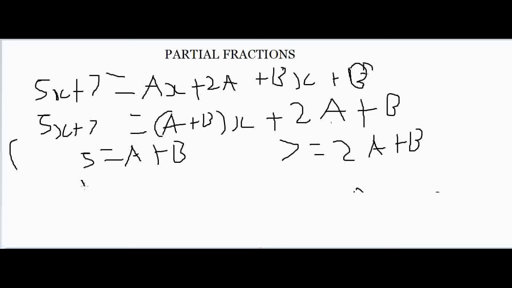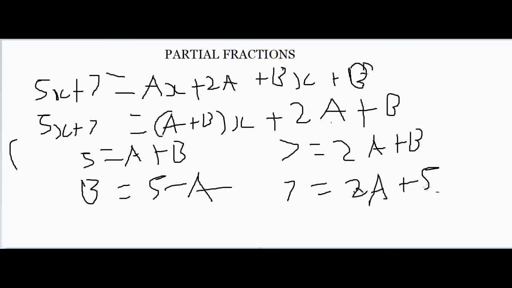I will say let B equal 5 minus A, and so we can say that 7 is equal to 2A plus 5 minus A, and we can say that 7 minus 5 is equal to A, therefore A equals 2.